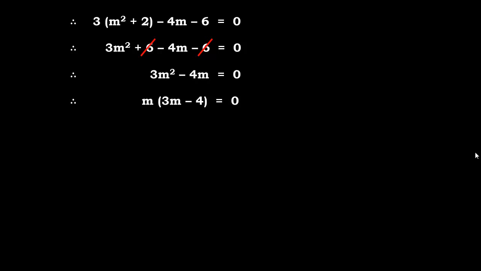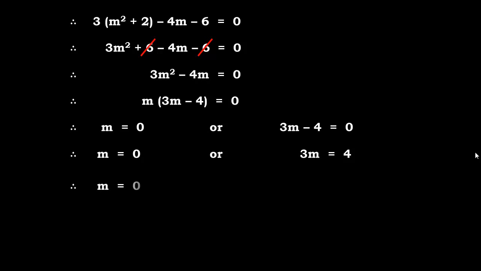In bracket 3m minus 4 is equal to 0. Therefore, m is equal to 0 or 3m minus 4 is equal to 0. Therefore, m is equal to 0 or 3m is equal to 4. Therefore, m is equal to 0 or m is equal to 4 upon 3.